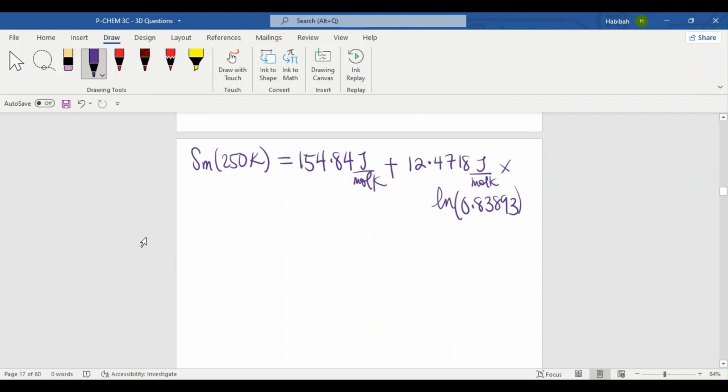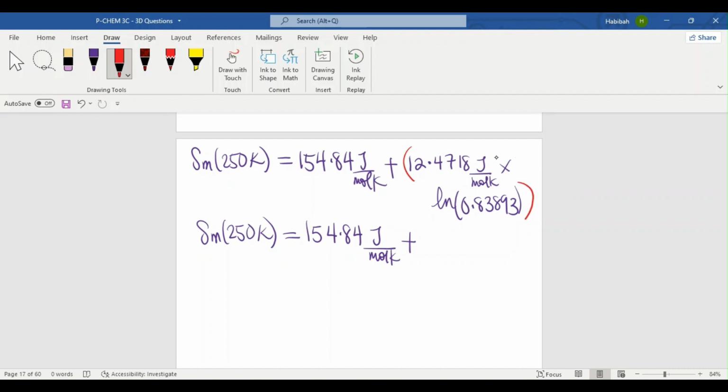So of course we have S_M for 250 Kelvin is equal to 154.84 joule per mole Kelvin plus, now we're just going to work with this information here, 12.4718 joule per mole Kelvin times ln of 0.83893, which is simply negative 2.1904 joule per mole Kelvin.